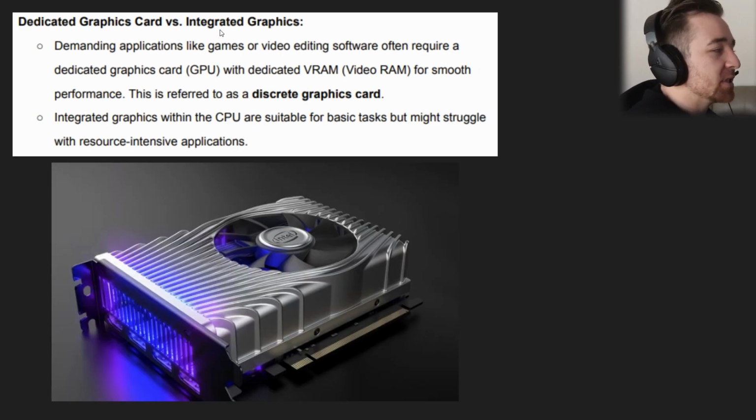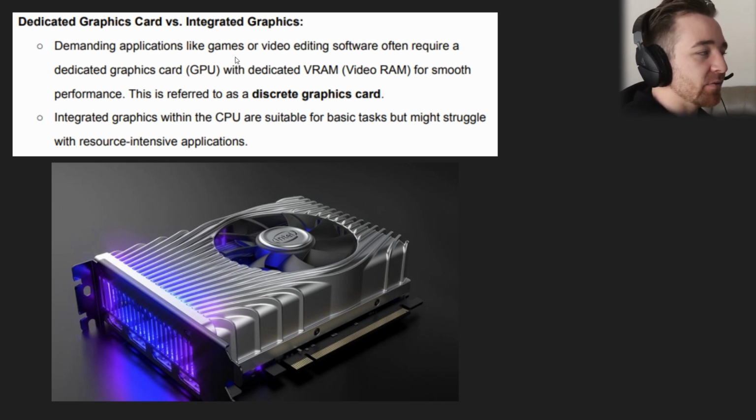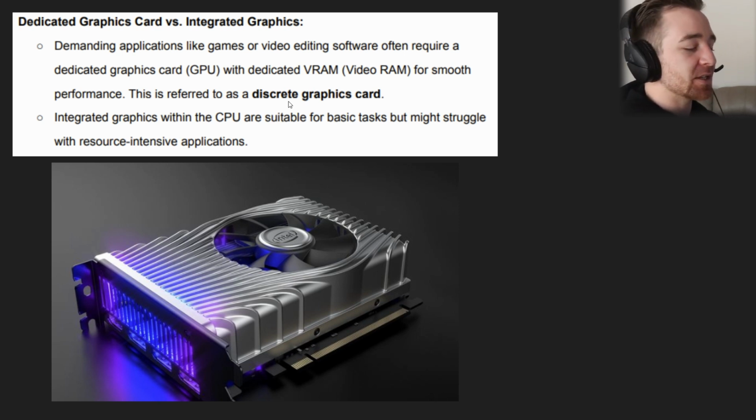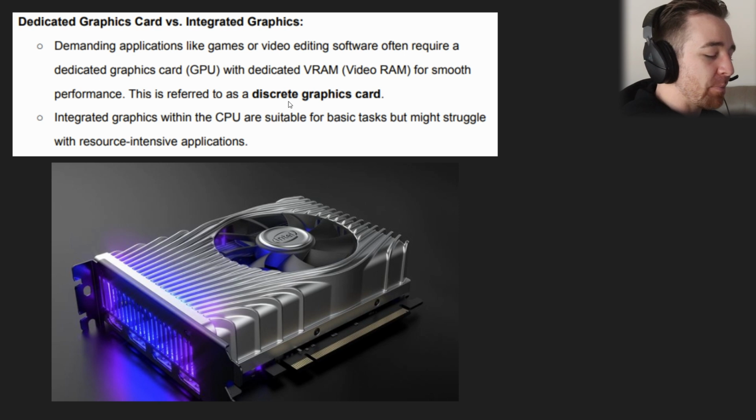Dedicated graphics card versus an integrated graphics card. Demanding applications like video games and video editing software will often require a dedicated graphics card with dedicated video RAM, or VRAM, for smooth performance. This is referred to as a discrete graphics card. Now this one's tricky because the word discrete generally means hardly noticeable, right? So when I think of discrete graphics card, I think of an integrated graphics card, where the graphics card is a part of the motherboard.